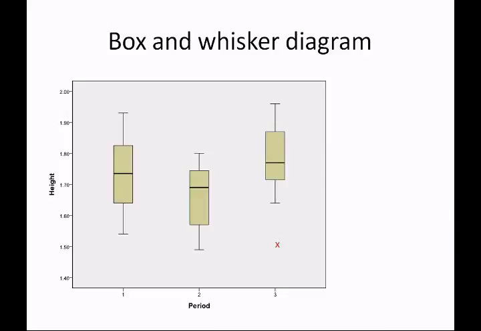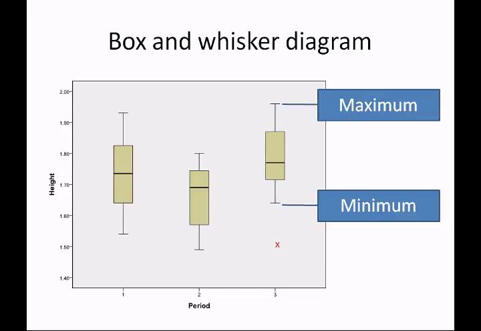Box and whisker diagrams are a very good way of looking at our data. They summarize data within each sample using 5 major observations. First of all, we have the maximum value and the minimum value and the median.